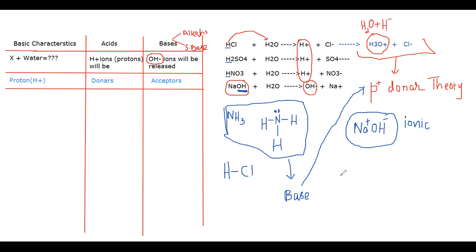How? For example, I'm going to work it out according to proton donor theory. According to proton donor theory, acids are the hydrogen ion donors and bases are the hydrogen ion recipients. I'm making the structure of ammonia here and an acid. This is HCl, and this is ammonia, NH3.